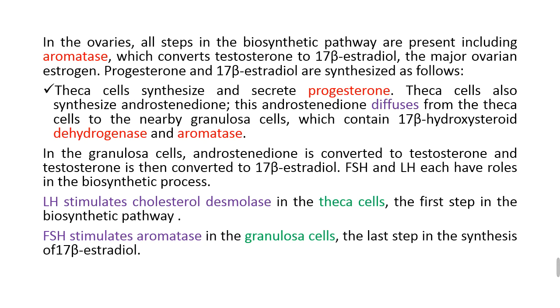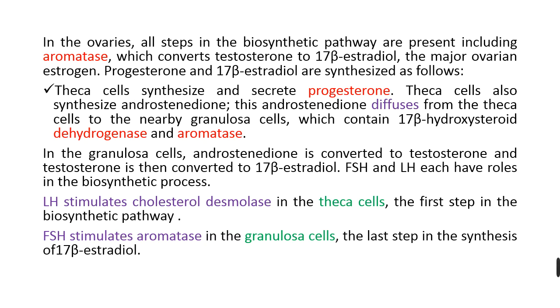Theca cells synthesize and secrete progesterone. Also, theca cells synthesize androstenedione. This androstenedione diffuses from the theca cells to the nearby granulosa cells, which contain the 17-beta hydroxysteroid dehydrogenase and aromatase enzymes.